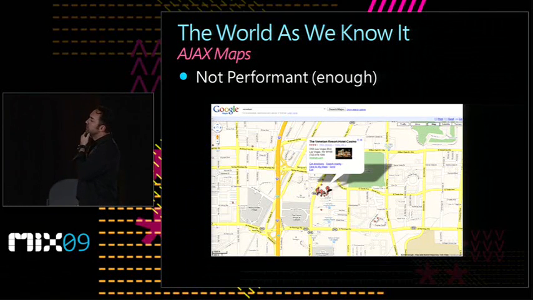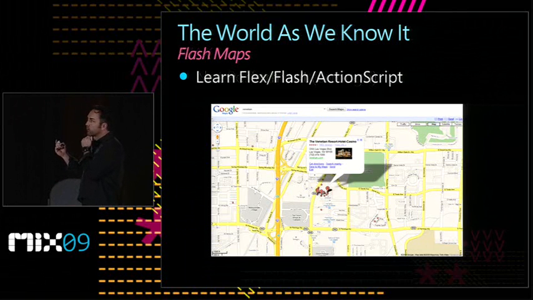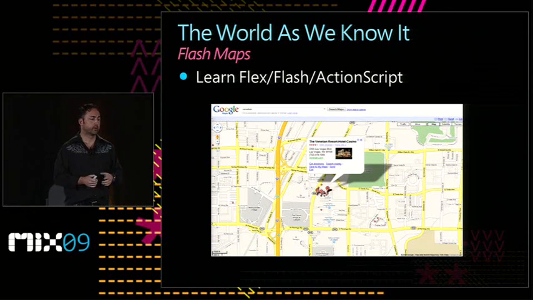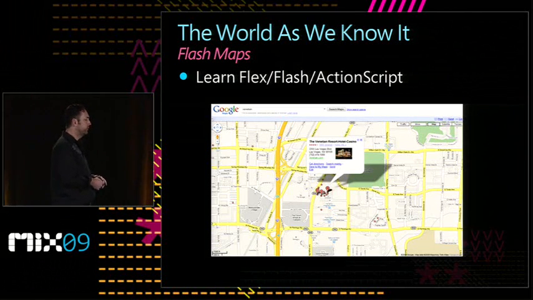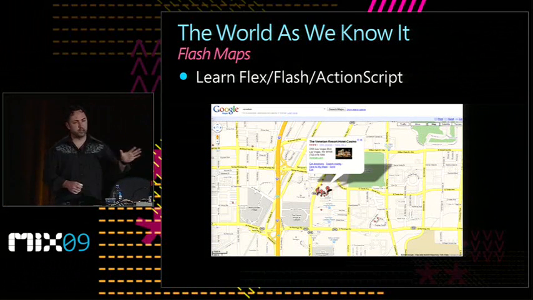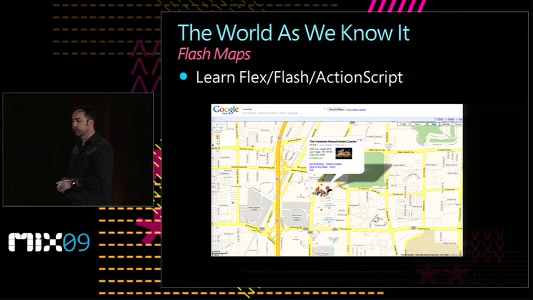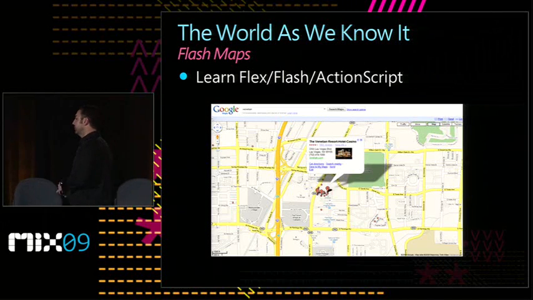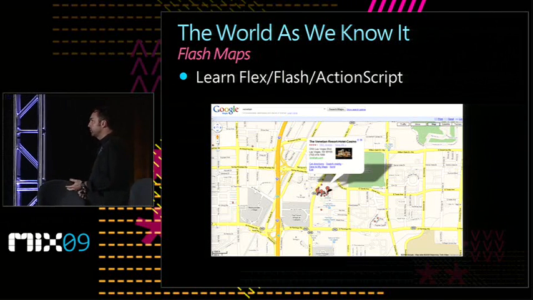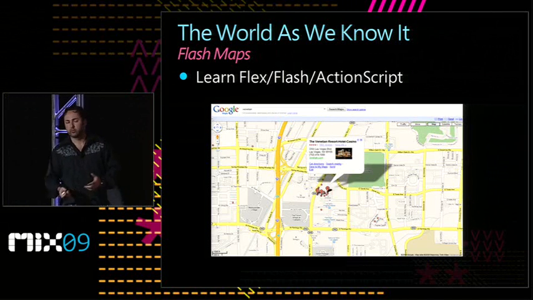Okay, so then we go to a Flash map, right? Now, I don't know about you, but Flex is kind of a challenging environment to work in. I know a lot of designers will probably throw stuff at me for saying that, but it is kind of a one-off language. And as a Microsoft developer, 6 million plus, you want to leverage the knowledge you already have.